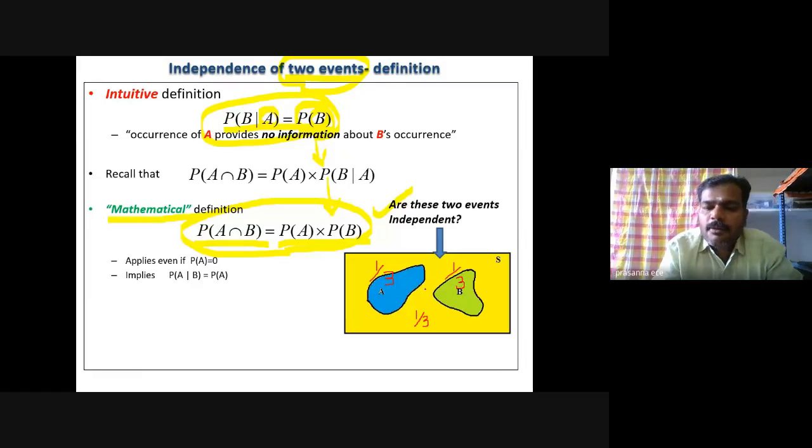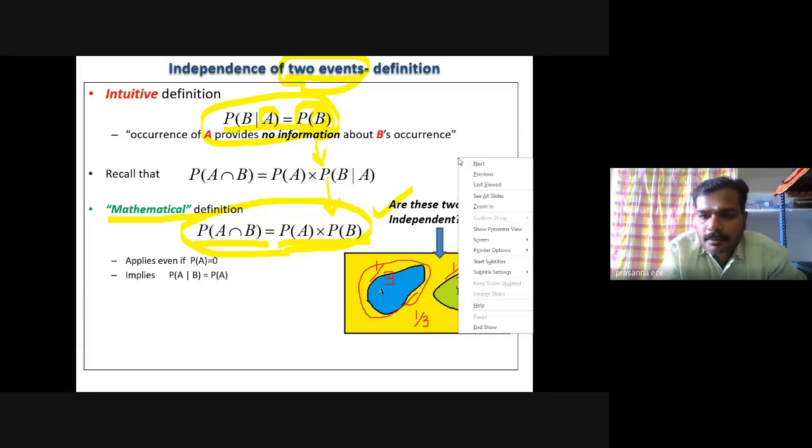Now if I give a partial outcome of this experiment and say that event A has occurred, what is the probability of the event B occurring now?